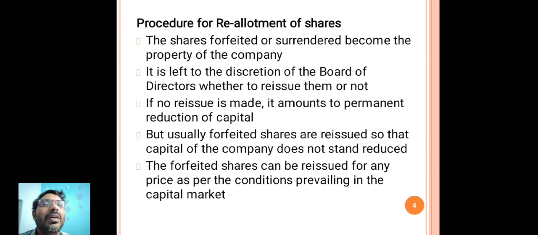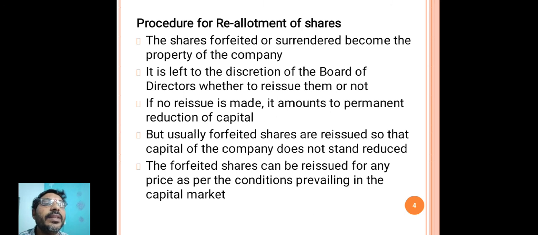Those shares are surrendered to the company and become the property of the company, and the board of directors will decide whether to reissue them.